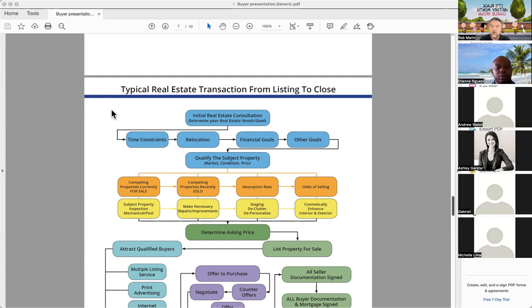Another thing is that the listing presentation is just the presentation. You also want to make sure that you've done your research on the home, that you've looked up what the title says about the home, you've looked up the comparables for the home, and you've done what we call in our industry the CMA, the comparable market analysis.